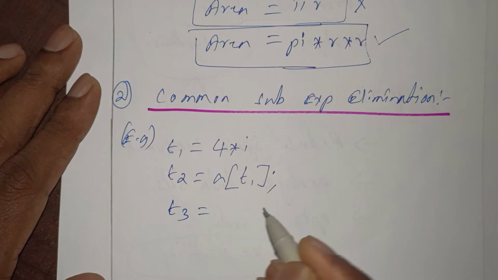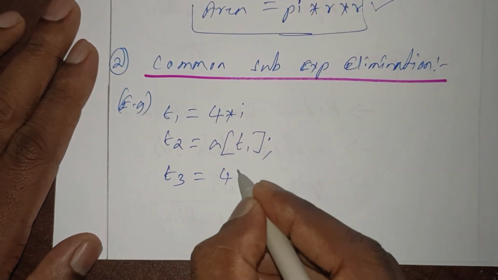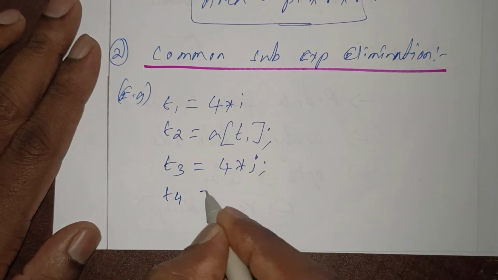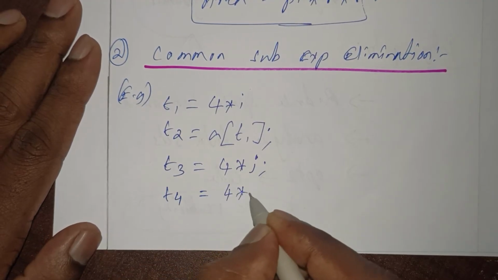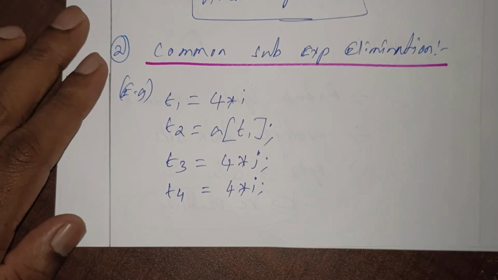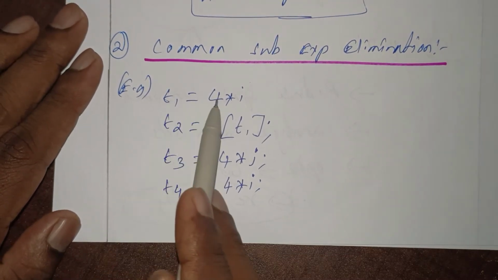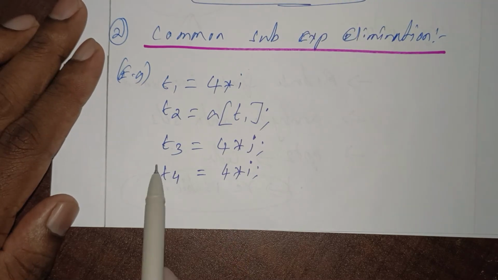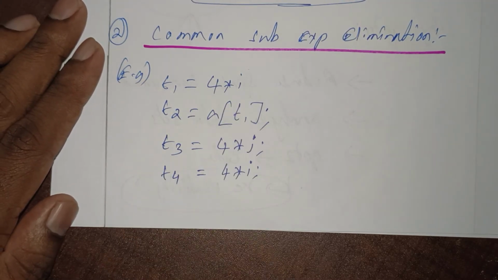T3 is equal to 4 asterisk j, for example. T4 is equal to 4 asterisk i. This may be a human error. Why? Because you can see T1 is 4 asterisk i, and again T4 is equal to 4 asterisk i. This temporary term is different and that temporary term is different.